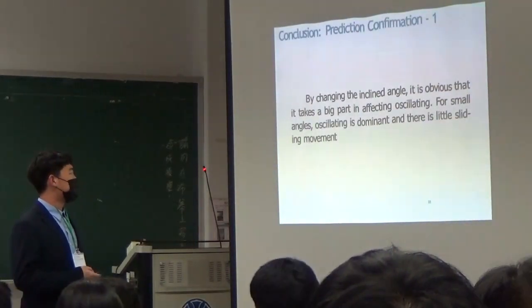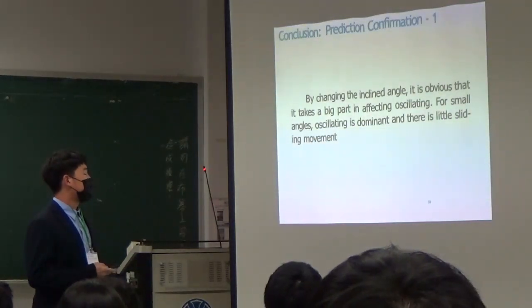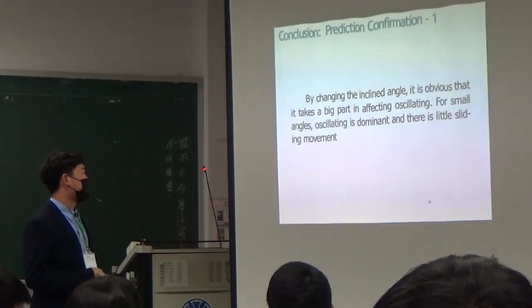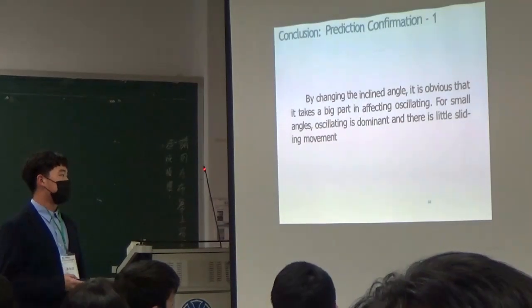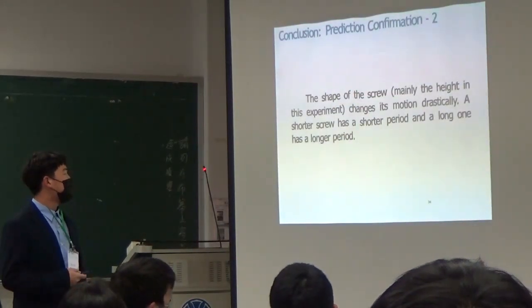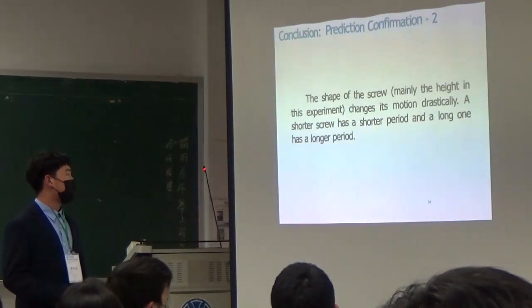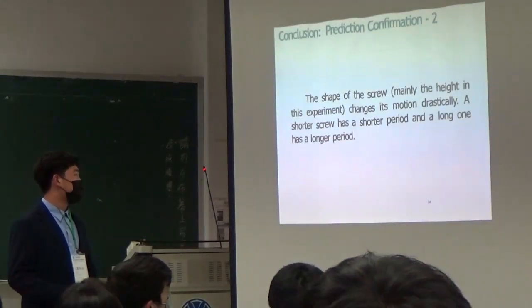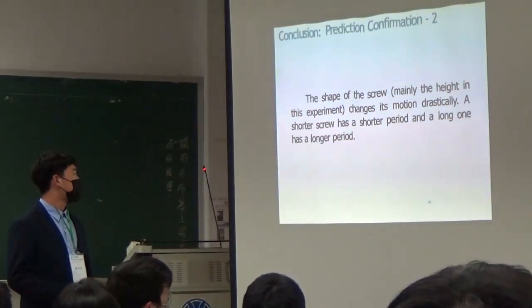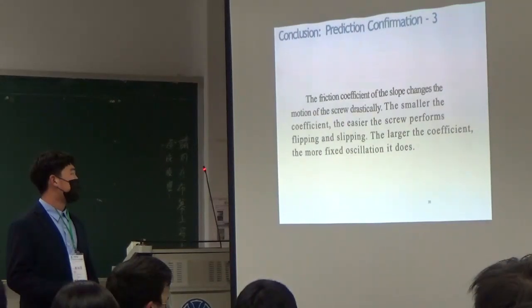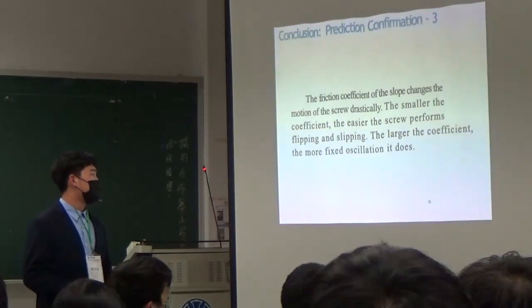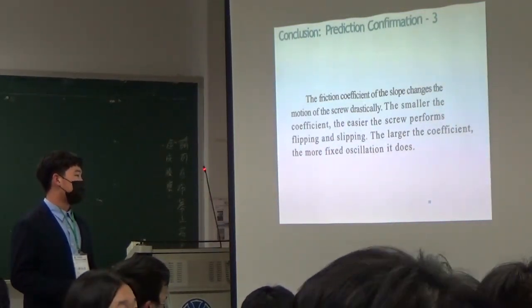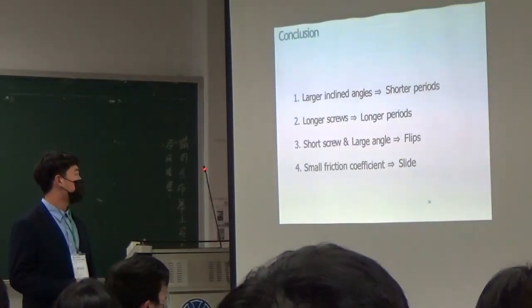We can see that by changing the inclined angles, each parameter plays a big part in affecting the motion. And the shape of screws also changes the motion. And the friction coefficient also affects the equation greatly.